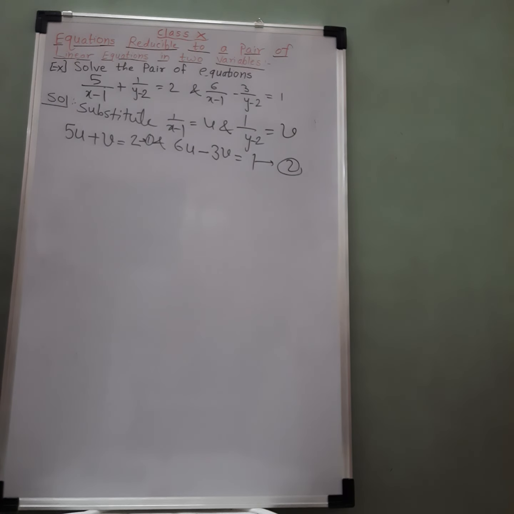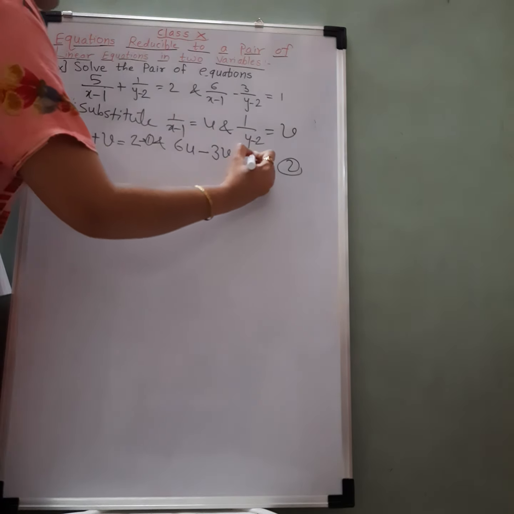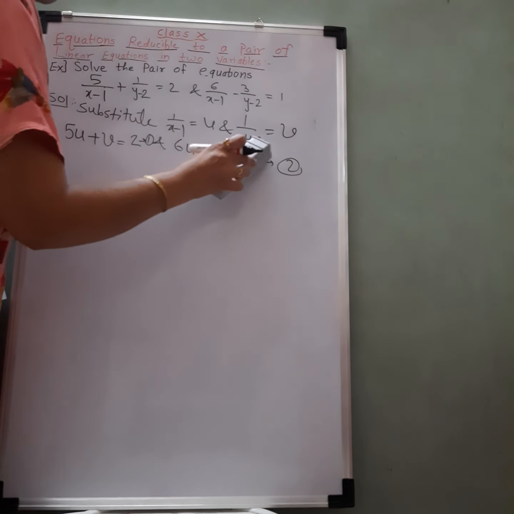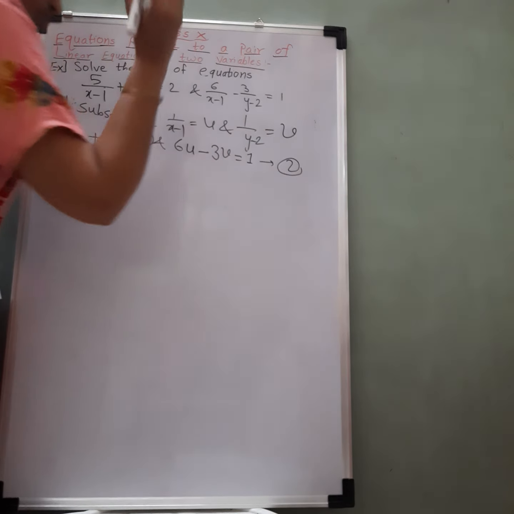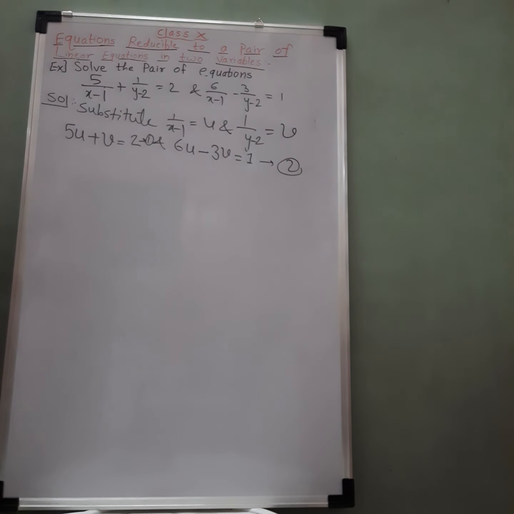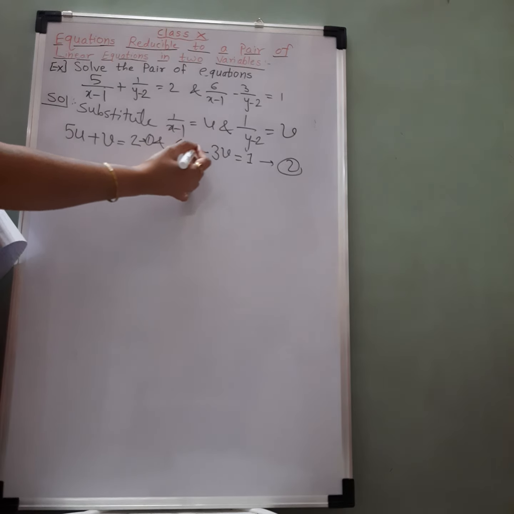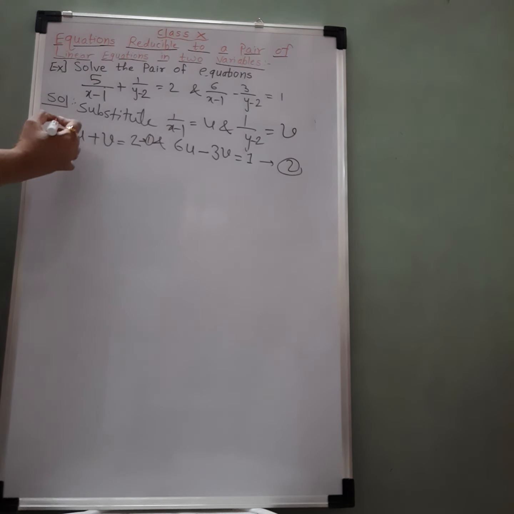Now solving 1 and 2. It is easier to eliminate v than u, because here 5u plus v is there, and in the second equation 6u minus 3v. So here we multiply equation 1 by 3.